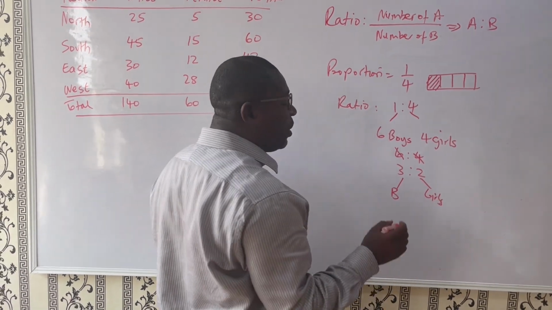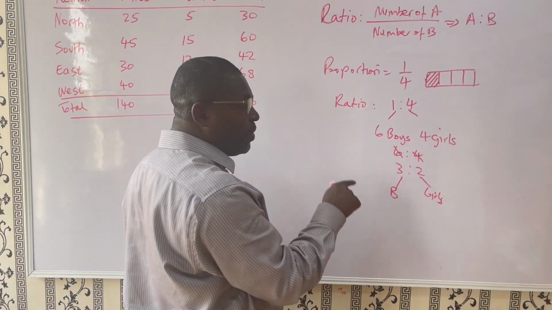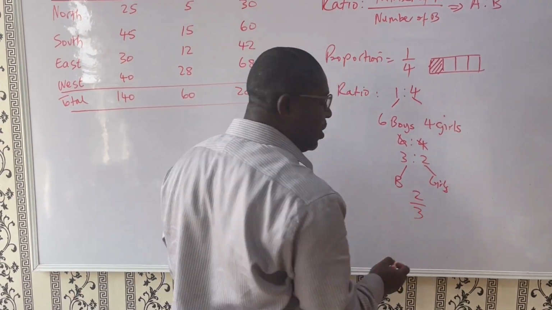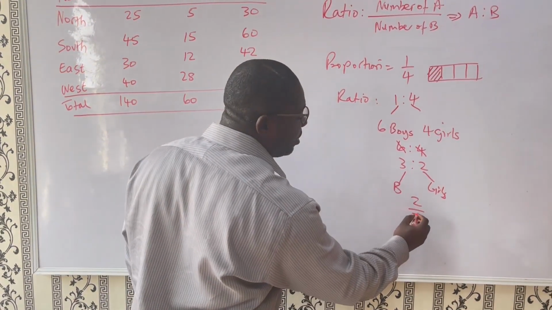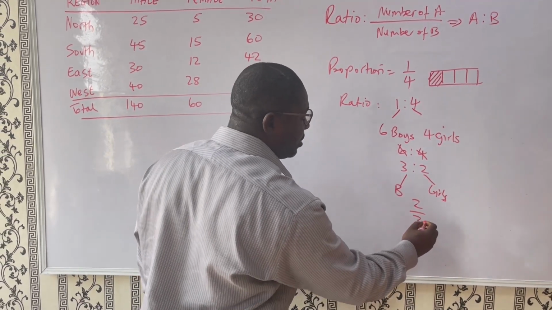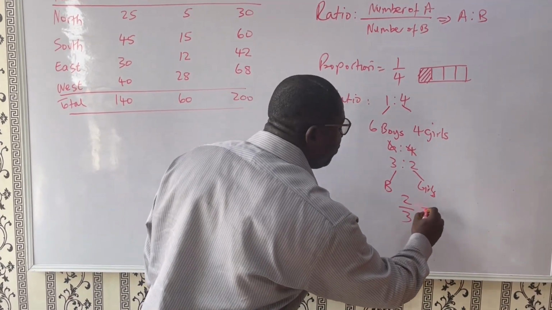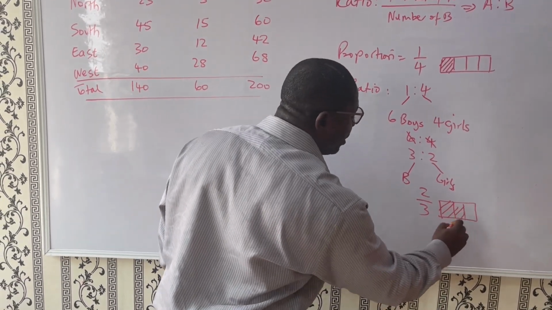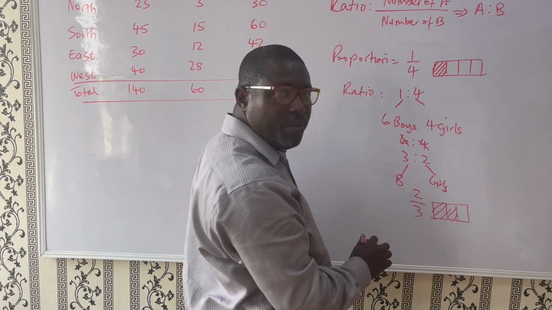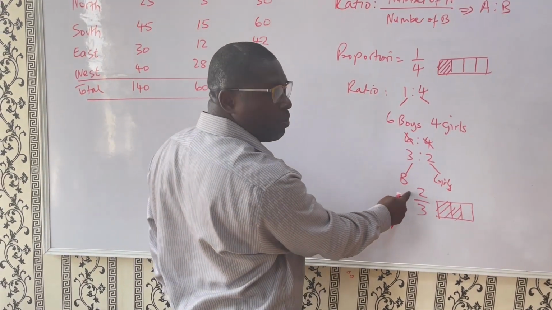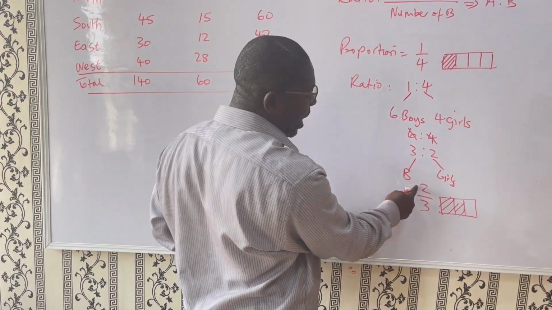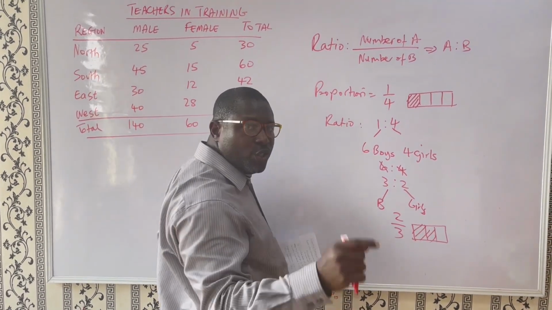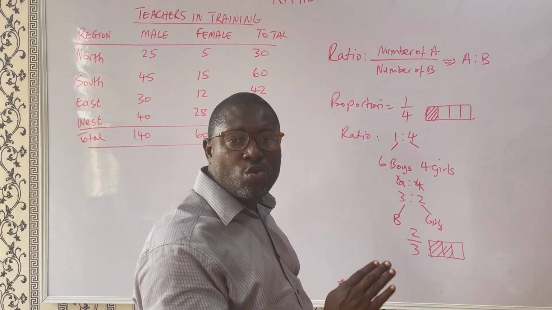That's the meaning. But if you present this data as 2/3, it means that for every 3 persons, 2 are boys and only 1 is female. That's the meaning of proportion. So proportion is a part over a whole. But ratio is the relation between 2 parts.